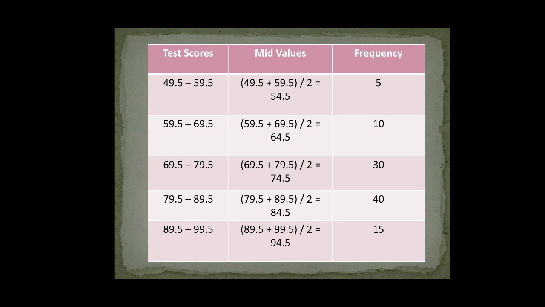So 49.5 plus 59.5 divided by 2 is equal to 54.5, which is the mid value of first class interval. Similarly, we do it for the rest of class intervals. So we have got the mid values of the class intervals as 54.5, 64.5, 74.5, 84.5 and 94.5.